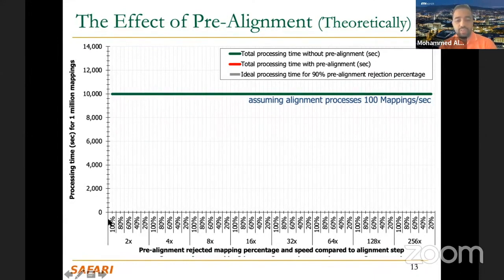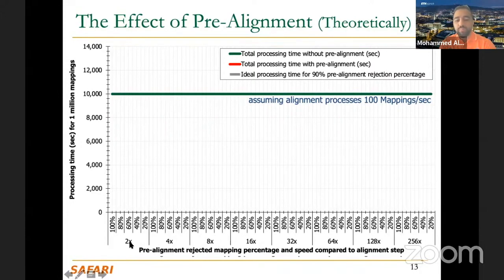The first row is the rejection ratio of the filter, which means the percentage of the input mappings or pairs that get rejected by the filter. We have 100% all the way to 20%.